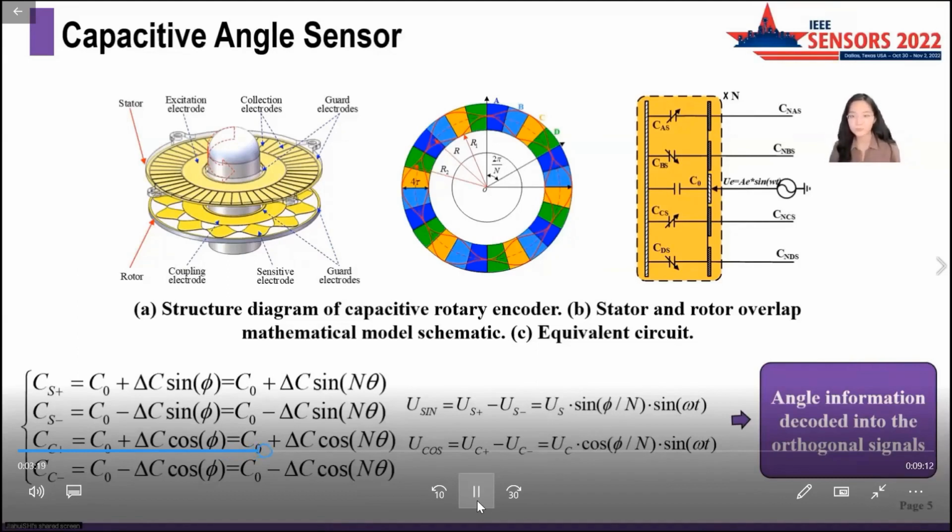The relationship between the 4 sides of the collecting capacitance and the rotation angle can be expressed by the following formula. Therefore, the angle information is decoded into orthogonal signals.